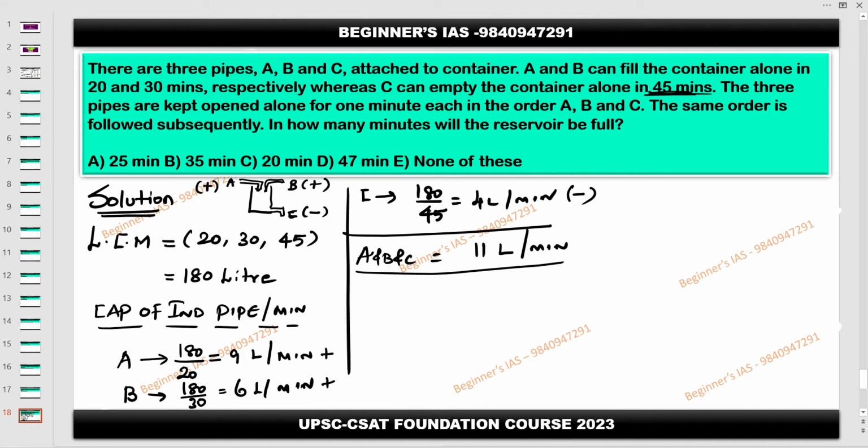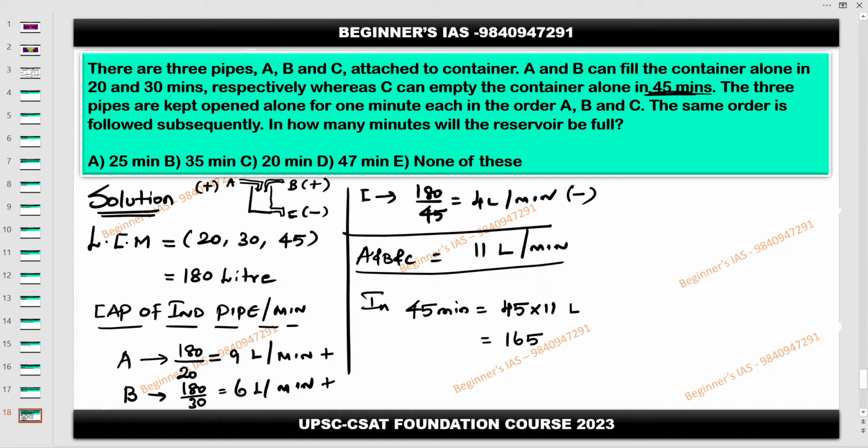Now what would be the maximum minute there? 45. So in 45 minutes, 1 minute 11 liters, then 45 into 11, 495.